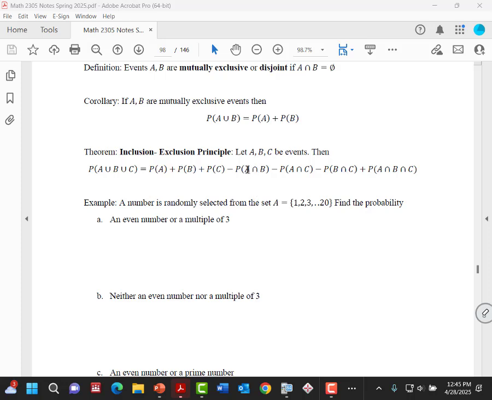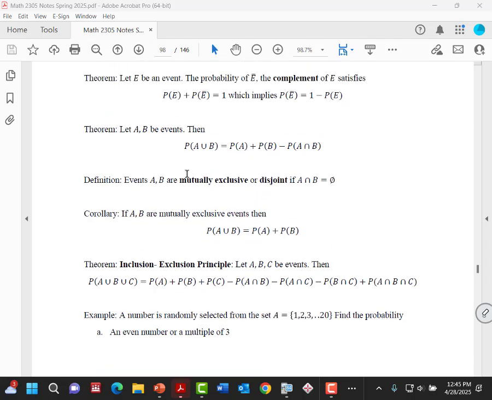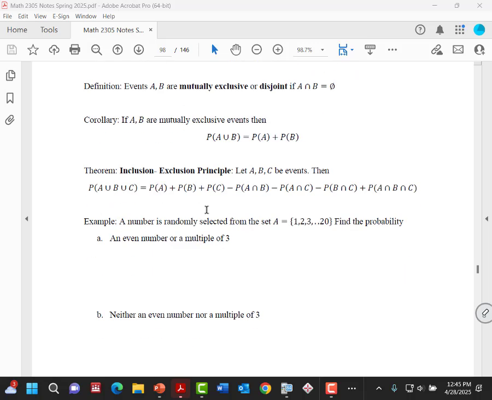What does that mean? That means subtract the probability of A and B, subtract the probability of A and C, subtract the probability of B and C, but then add their triple intersection. This would be the probability of A and B and C. So lots of important theorems, formulas, corollaries on this page right here.